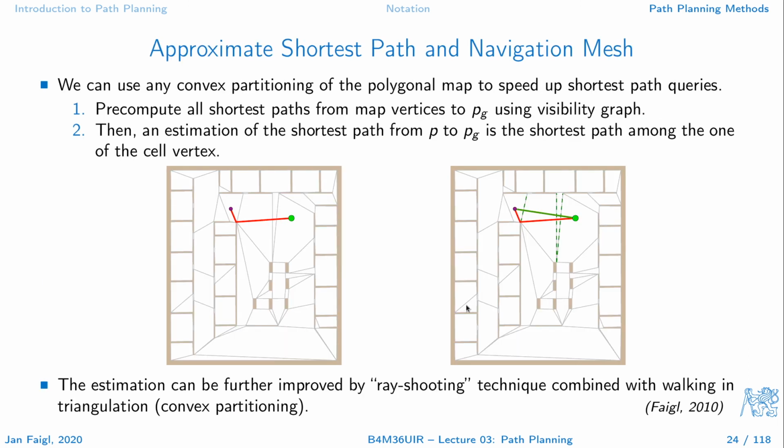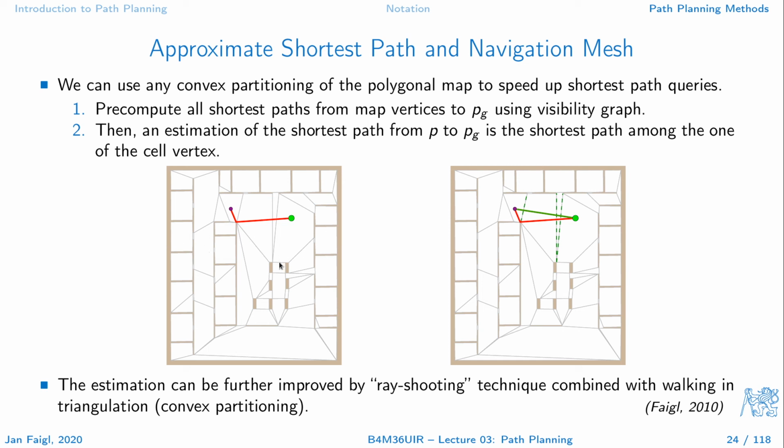And you can also think about other types of shortest path and supporting methods. Here is an example of using a navigation mesh. So we again split and decompose the free space, or in this case the polygonal map, into cells.